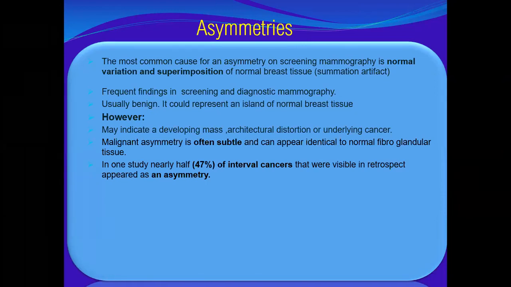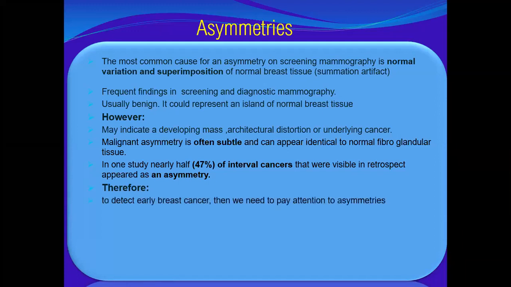In one study, nearly half of interval cancers that were visible in retrospective mammography appeared as an asymmetry. So we have to be cautious. And really, it is challenging to differentiate an unconcerning asymmetry from a suspicious asymmetry.